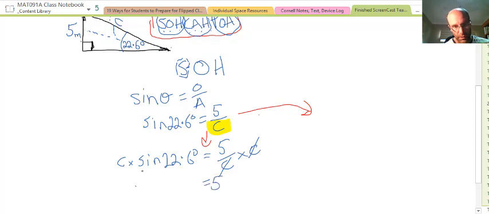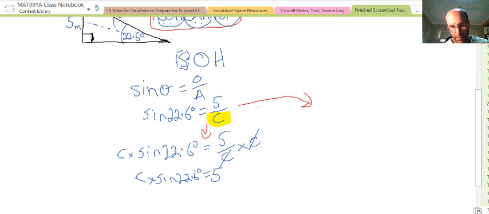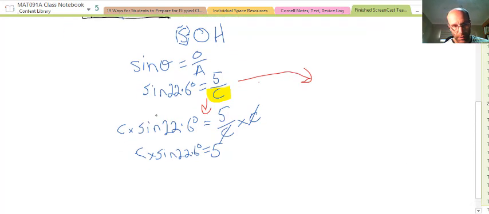We get C times sine 22.6 equals 5. Then we want to get C by itself, so we want to undo the times here. Well, we have to divide by sine 22.6.